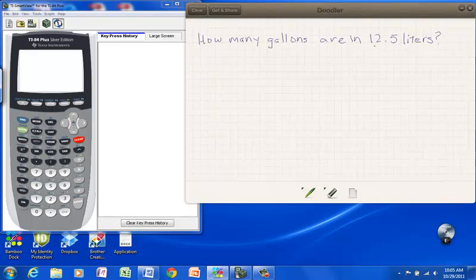Our first step is to take this given information and write that down. And because we're going to use unit fractions, we'll turn this into a fraction by writing it over 1.